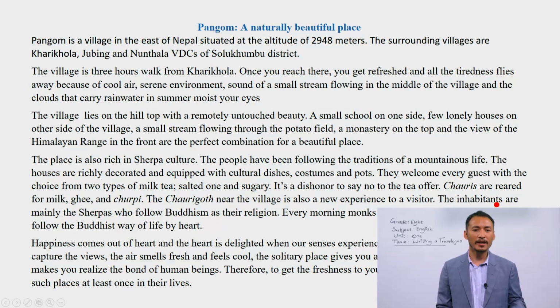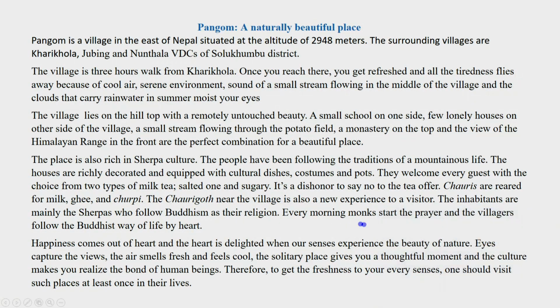The inhabitants are mainly the Sherpas, who follow Buddhism as their religion. Every morning, monks start the prayer, and the villagers follow the Buddhist way of life by heart. Happiness comes out of heart, and the heart is delighted when our senses experience the beauty of nature. Eyes capture the views.